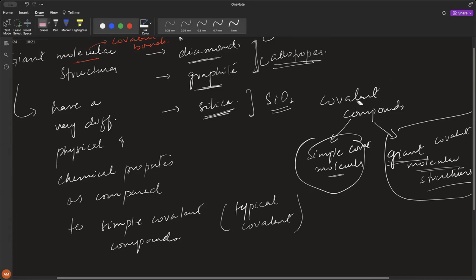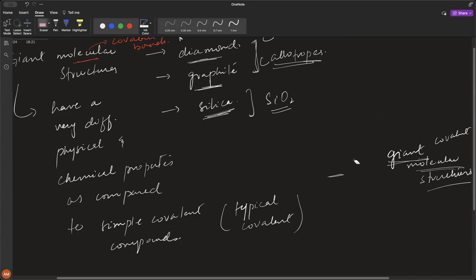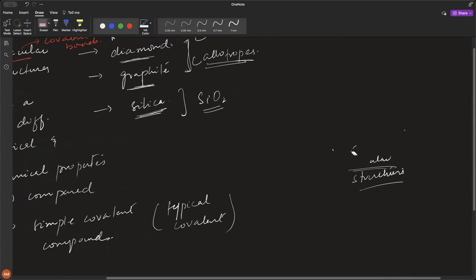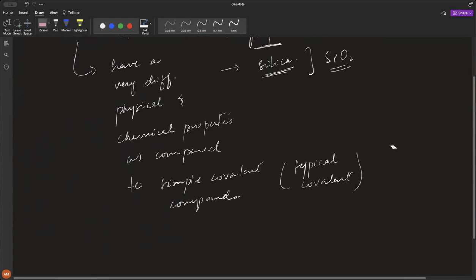Generally, they are gases. They do not conduct electricity, right? They are very light, all right? They have intermolecular forces. These are the things that we have studied about typical covalent compounds, but we are going to see that these giant molecular structures are going to be deviating from these typical characteristics of a covalent compound. Do you understand this point now, everyone?